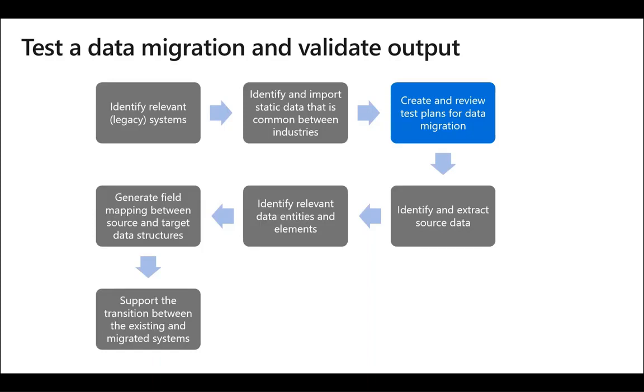We need to extract all data from the source system and then migrate data to the target, which is Dynamics 365 for Finance and Operations. Then we need to clean the data and transform it into the proper format for transfer to Dynamics 365 for Finance and Operations.